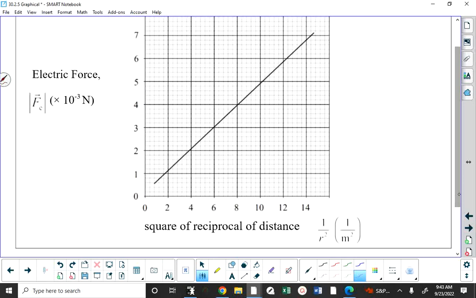So what does this mean? It means that maybe, everybody, you measure R to be in the experiment 1.2 meters. If you take 1 divided by 1.2 squared, do that for me. What's 1 divided by 1.2 squared?